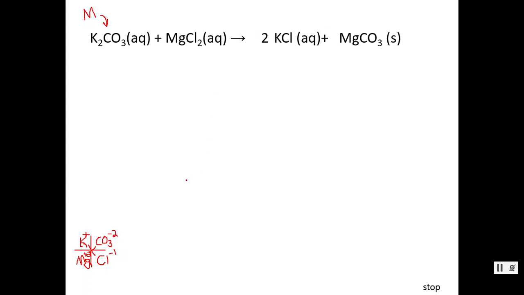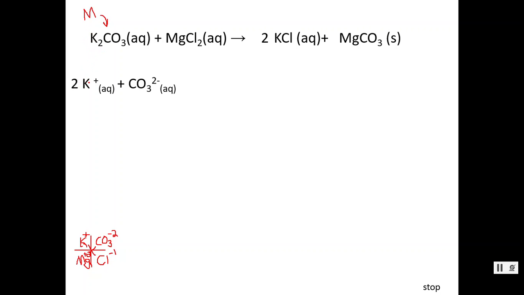Next is the total ionic equation, remembering to focus on the species that are aqueous. Split those up into their cations and anions, making sure you keep track of coefficients and subscripts of monoatomic ions. In potassium carbonate, my cation is potassium K+, but I have 2 of them, so that 2 comes out front.